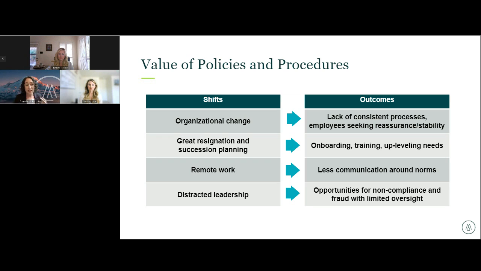One, if you have veterans who are leaving the organization with a ton of institutional knowledge, you want to make sure that's captured and documented before they walk out the door, and that it's not just lost to the organization. And then on the flip side, as you're bringing new people into the organization, policies and procedures can be really critical as part of the onboarding and training process to establish those norms, and then helping your current staff up level in terms of their knowledge and understanding of the expectations for how things should be working.